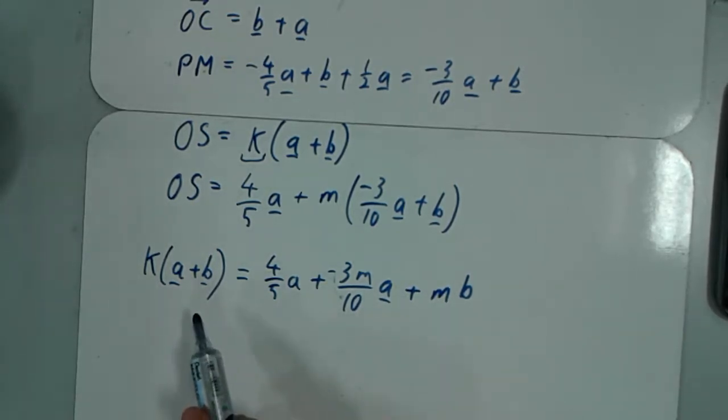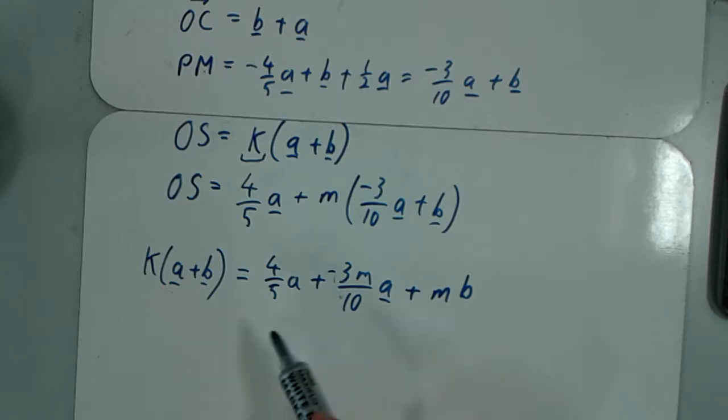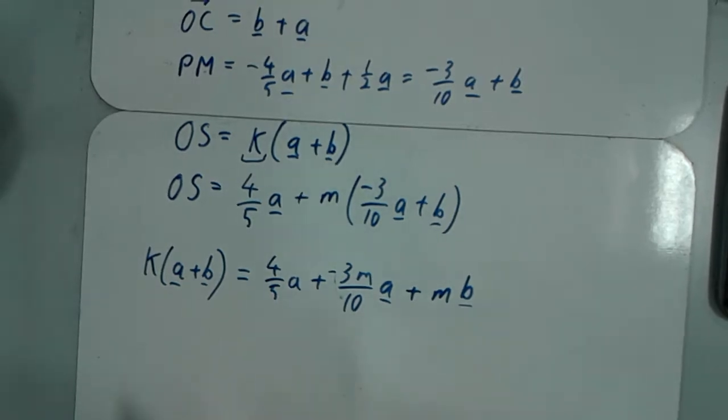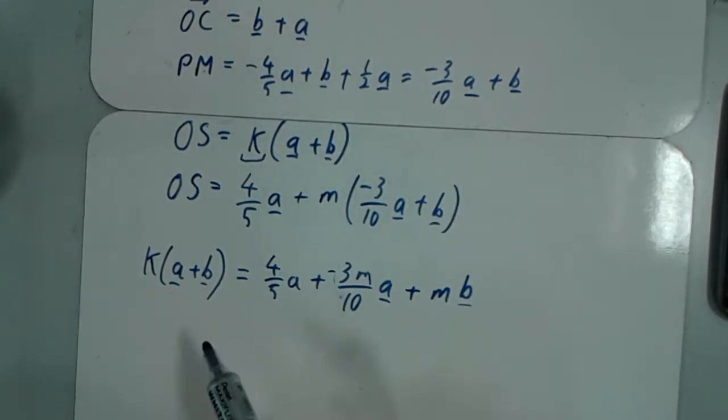How can we solve it though? Because we've got A's and we don't really know what A is, and we've got B's, we don't really know what B is, and we've got k's and m's and we don't know those numbers either. So it appears we've got too many unknowns in this equation here.